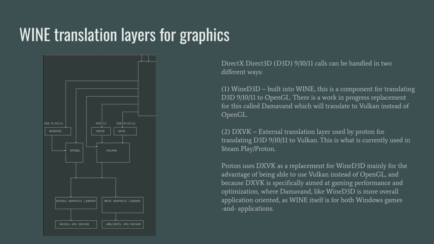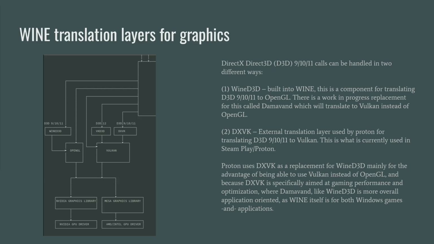Again, just to separate the difference between DXVK and VKD3D, we'll touch on number two first. DXVK is an external translation layer used by Proton for translating Direct3D 9, 10, and 11 to Vulkan.